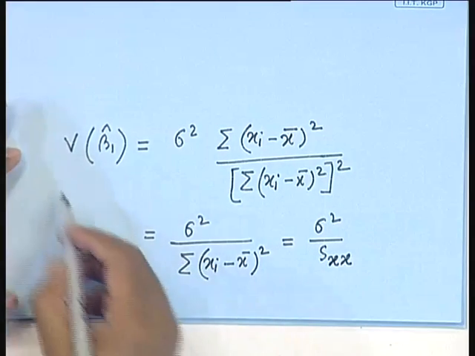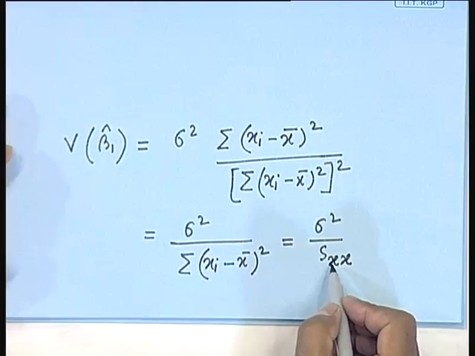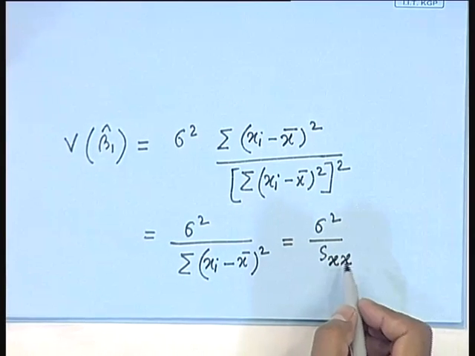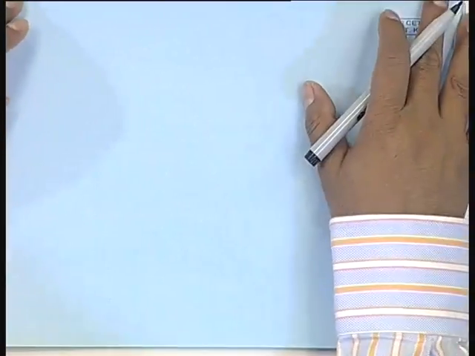So we proved that variance of beta 1 hat is equal to sigma square by S x x.